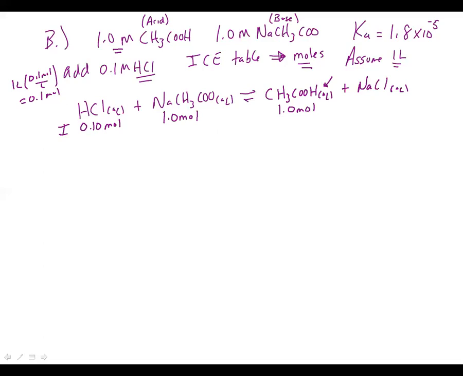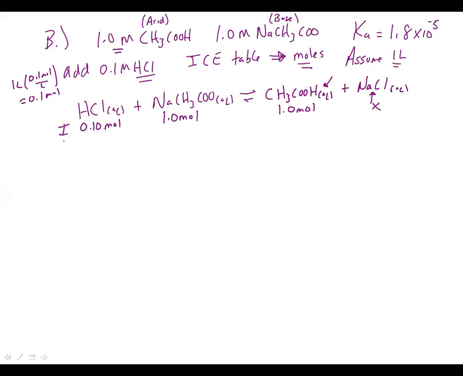Like we've talked before, sometimes when you do ICE tables, best not to put numbers by things you know you're not going to use. We know that this is a neutral salt, not going to affect the pH. Might as well not put a number in there that you might use later on incorrectly. Now, again, this table does need to be done in moles because we are adding volume.